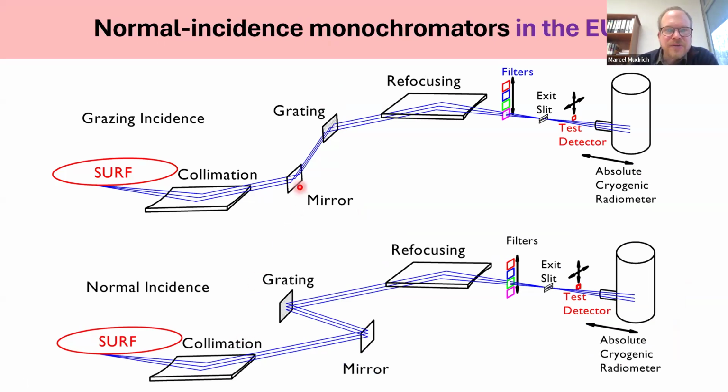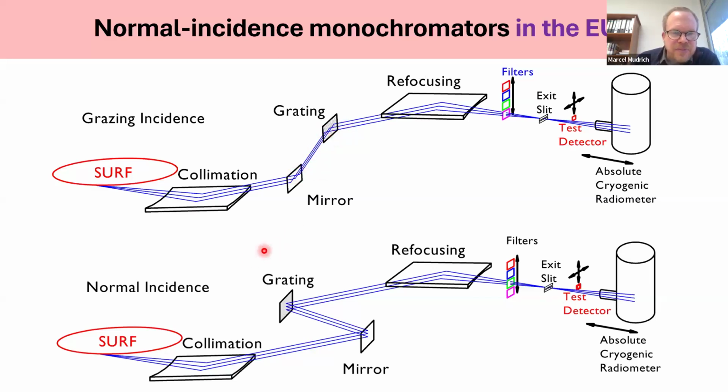So far, we have been talking about monochromators like the one shown on the top, where the beam comes from the left, is collimated by a curved mirror, then bent by another mirror, grating, refocusing. Then there can be filters, a sample and detectors. But the point is, this is going through the grating at some small angle.